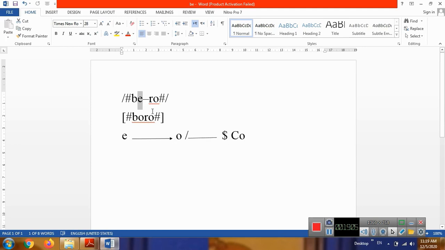This shows the syllable boundary, and the consonant comes at the end of the syllable, which we show in this way. After that we have the consonant r, and after that the vowel o.